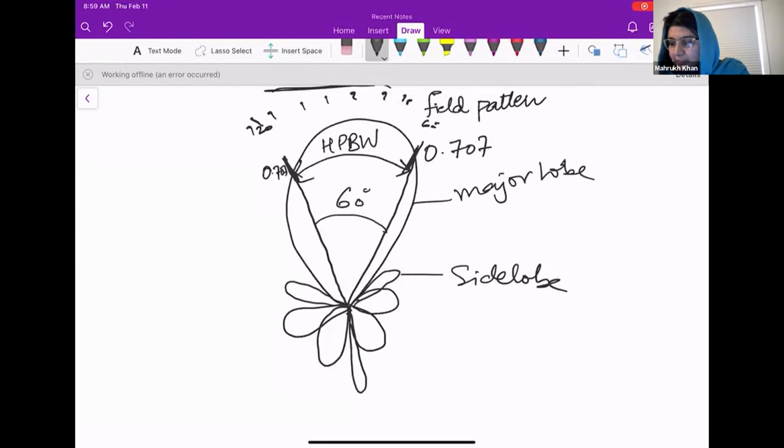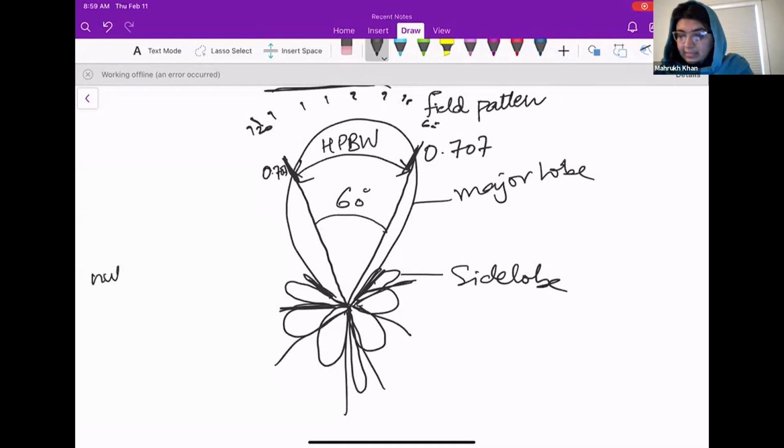There are multiple nulls here. Null means where your energy suddenly becomes zero. So there are many nulls here, okay?